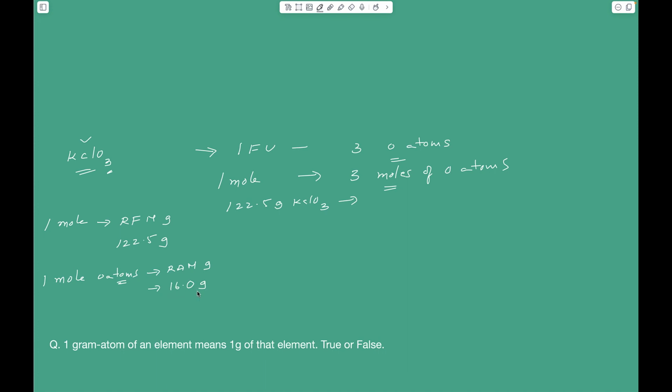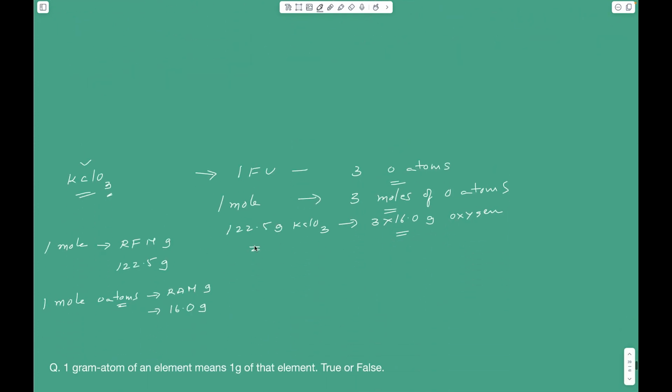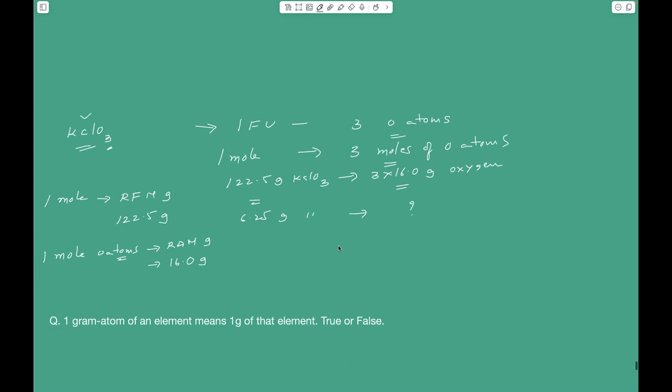It would be 16.0 grams. So that means 3 times 16.0 grams of oxygen. So if you had taken this much of potassium chlorate, you would have gotten this much of oxygen, but you took 6.25 grams of it. So 6.25 grams of potassium chlorate would produce how much oxygen?